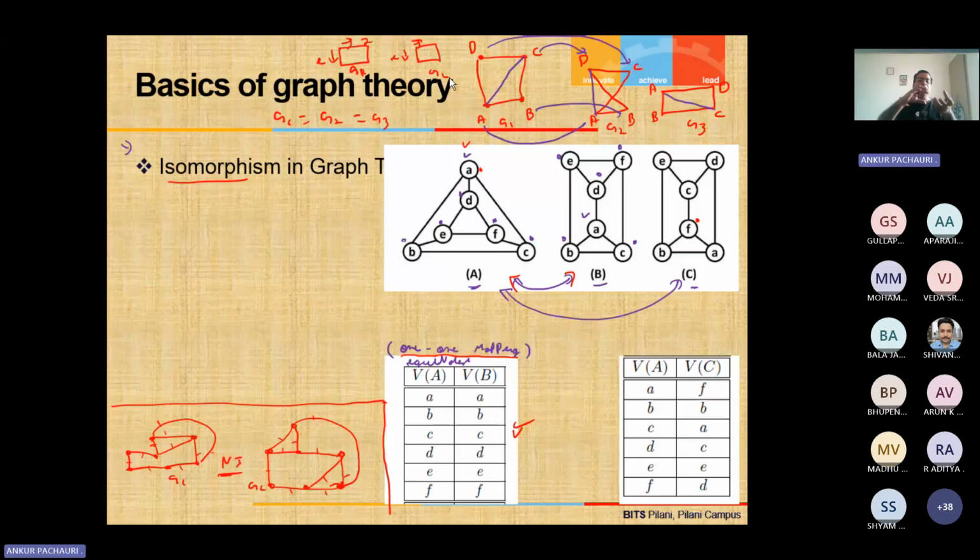So you perform the row and column transformations such that after doing a number of row and column transformations, you convert one matrix into another. The moment you have converted one matrix into another, that sequence of nodes which are there in the indexes will be the mapping of those two graphs.